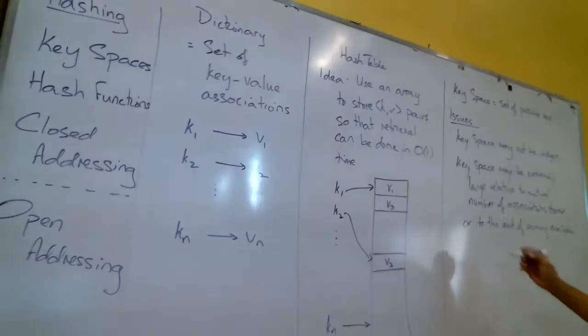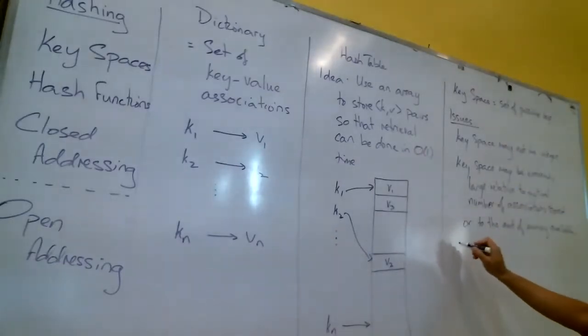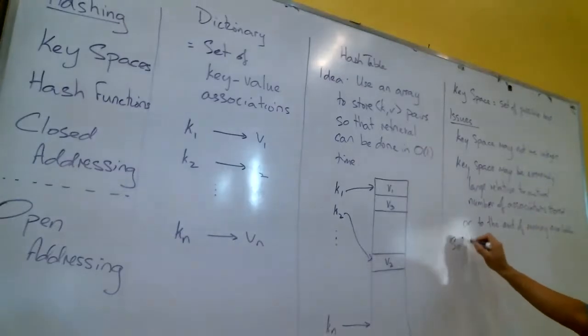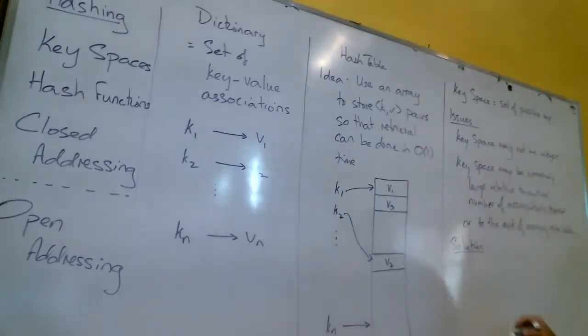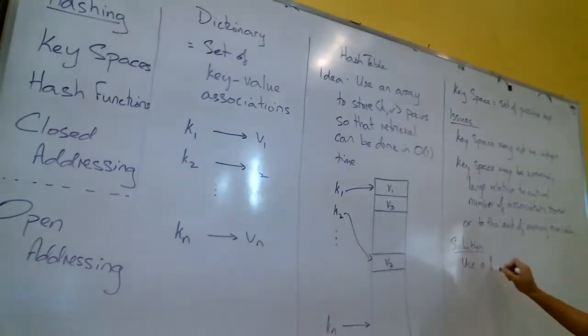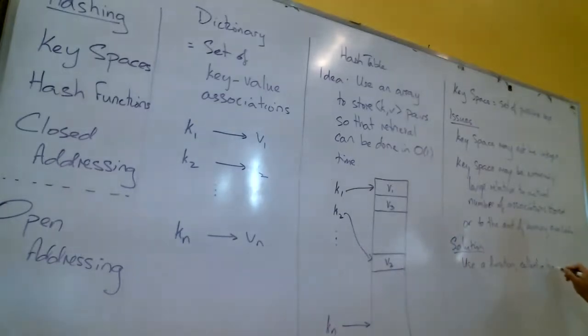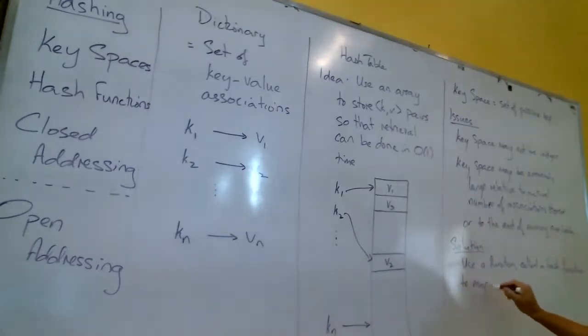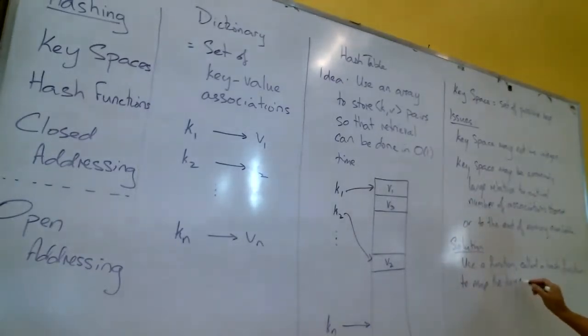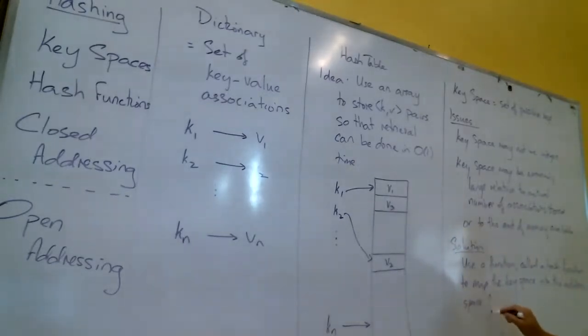Okay? So the idea behind a hash table, or the solution to those issues, is to use a function which is called a hash function, to map the key space into the address space for our data.